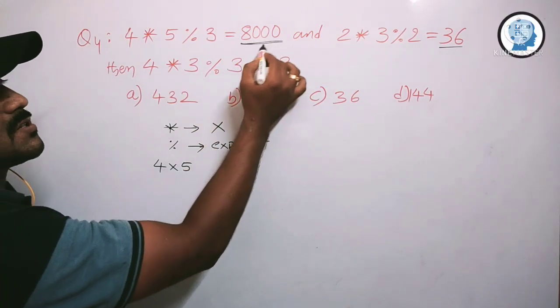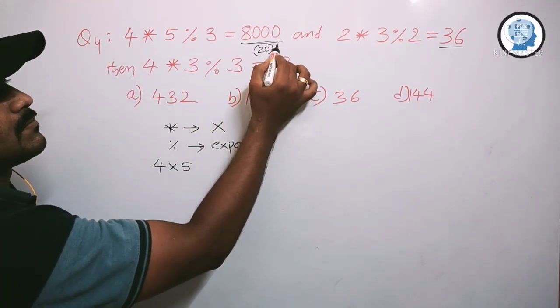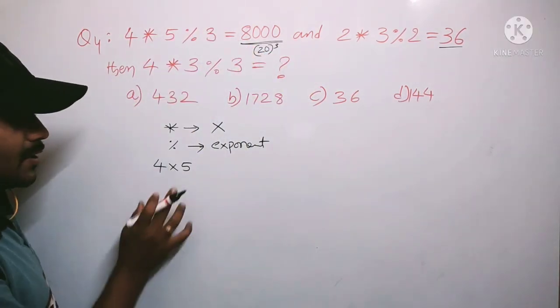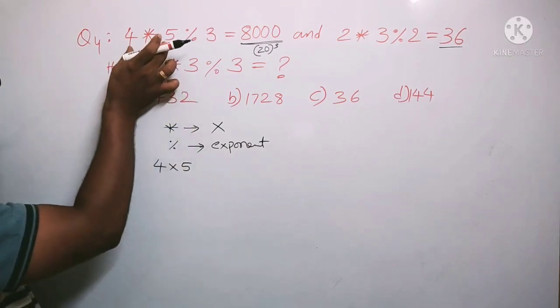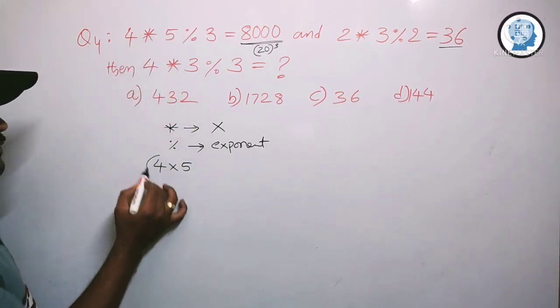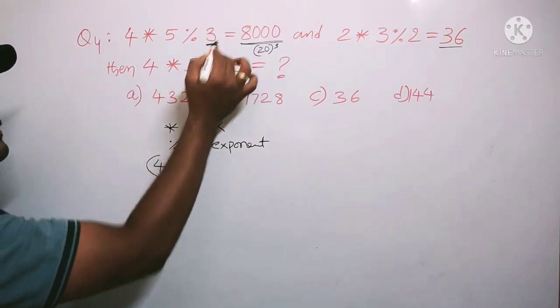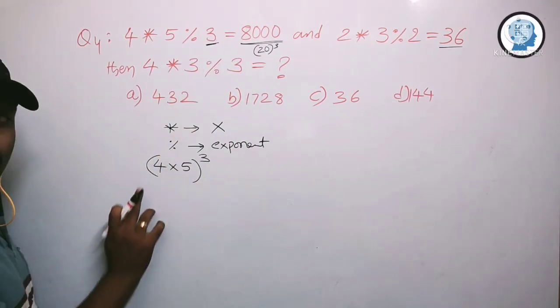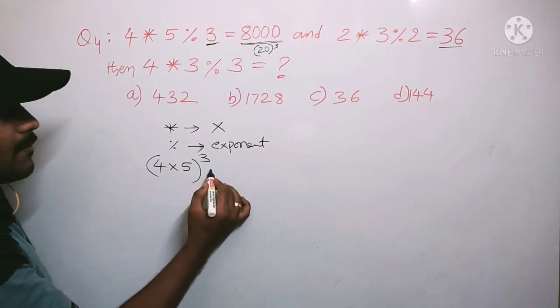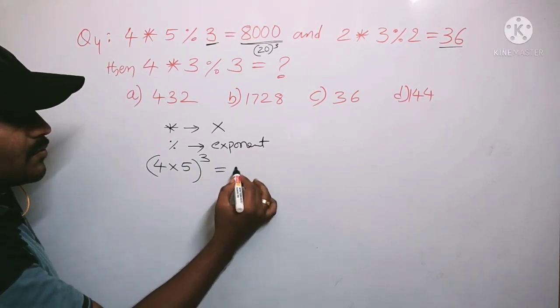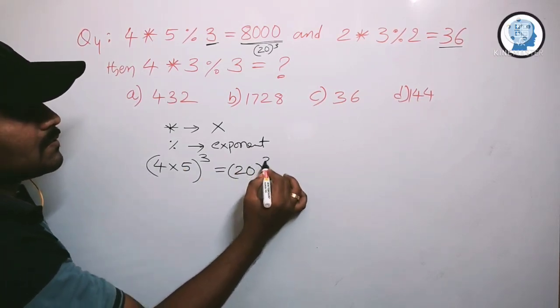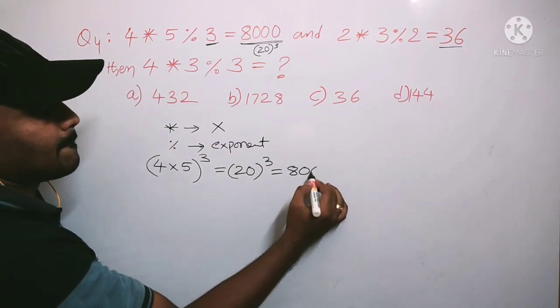Actually this 8000 is 20 cube. So try to get 20. 20 will be obtained by multiplying 4 and 5. So 4 into 5, and percentage means exponent will come. The last number will come as power. 4 into 5 whole power 3. That will give you 20 cube, which is equal to 8000.